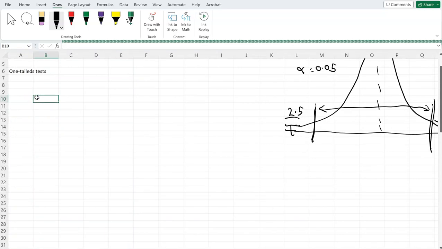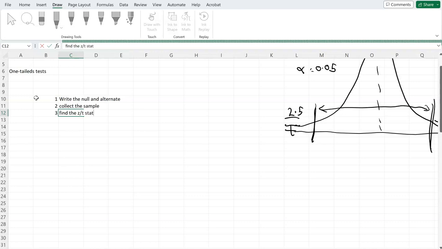So the first thing we would do is come up with the null and alternate. The second is to collect the sample. In the third step, we find the Z or the T statistic, depending upon what we are trying to do.